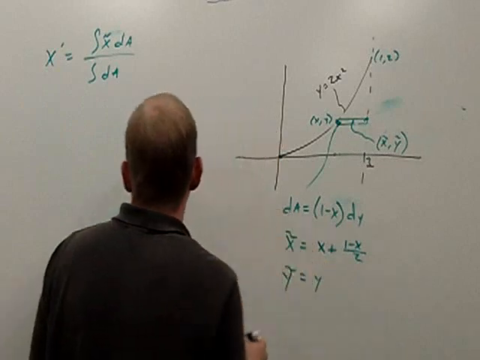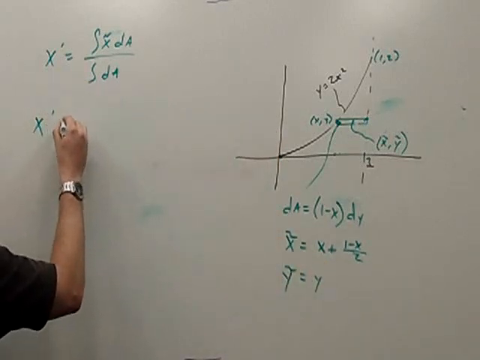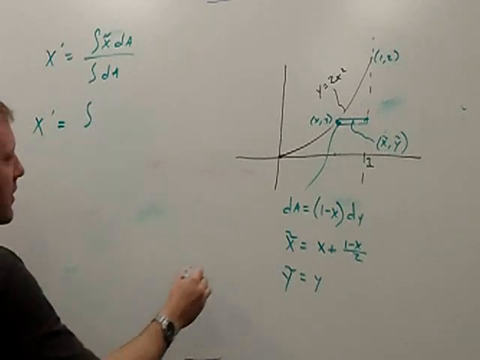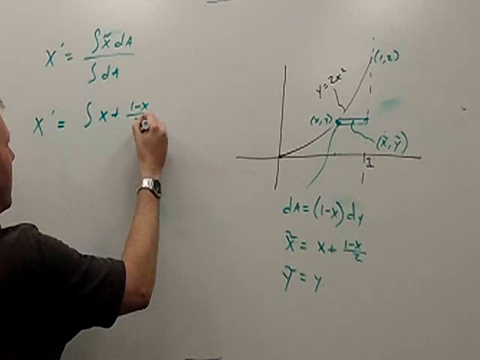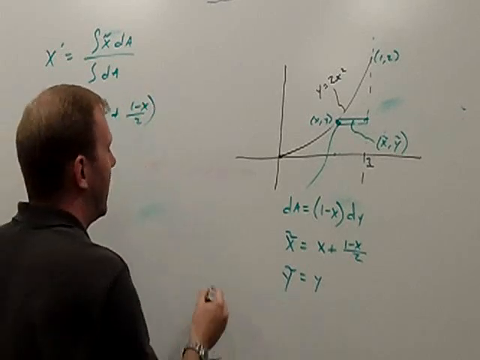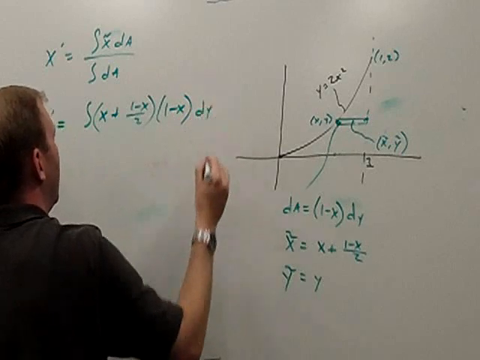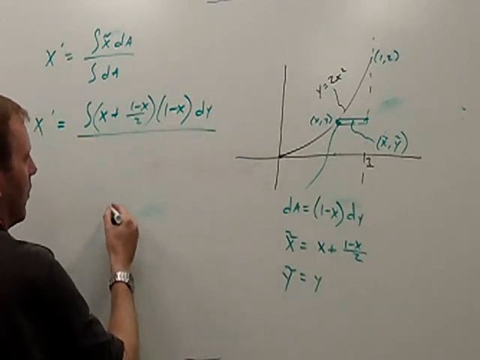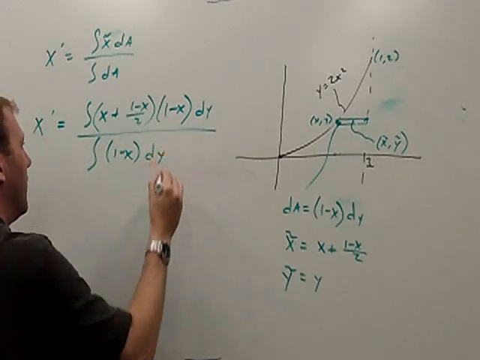Now, when we integrate here, when we plug in here, we're going to have x prime equals the integral of x tilde, which is x plus (1 minus x) over 2, times dA, which is 1 minus x times dy. This is all over the integral of 1 minus x dy.